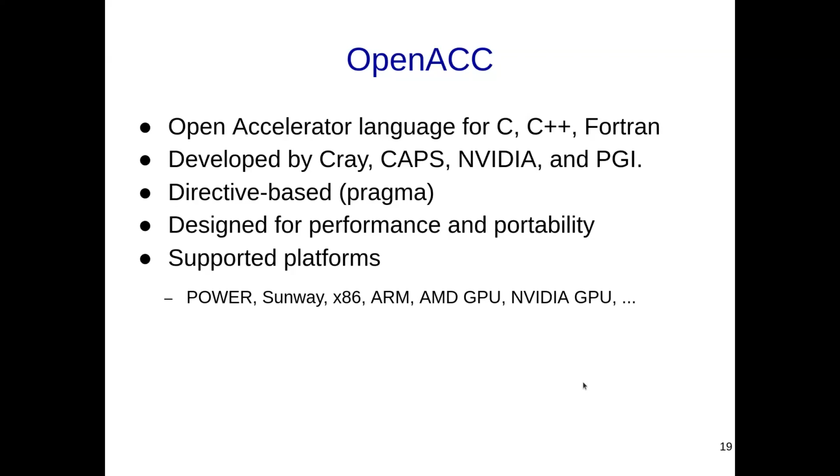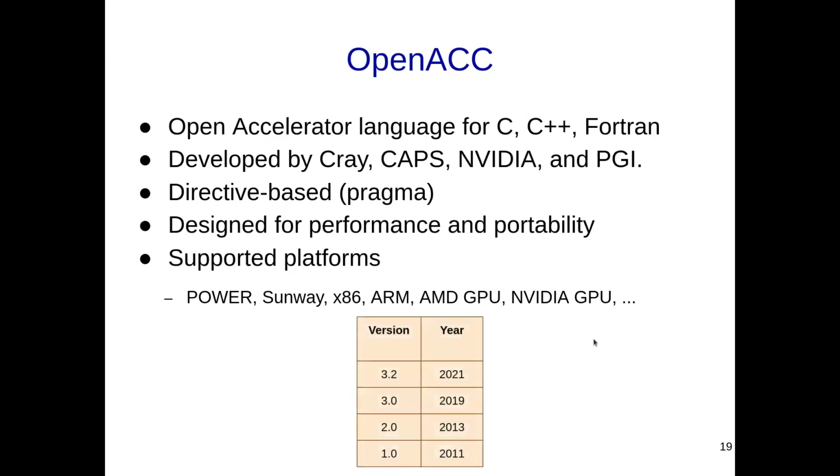Okay. And with respect to OpenACC, there has been a lot of revision since it started 10 years ago. You can see that there is a large number of constructs as well as different features which have gone into different versions of OpenACC, right? So for example, the latest version is 3.2, which came just 2 months ago.